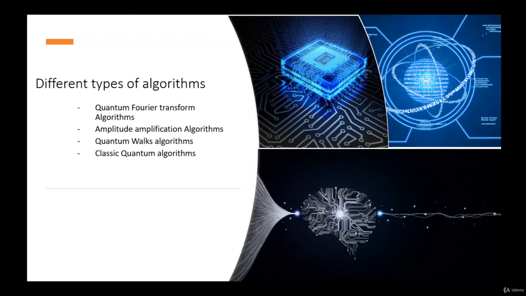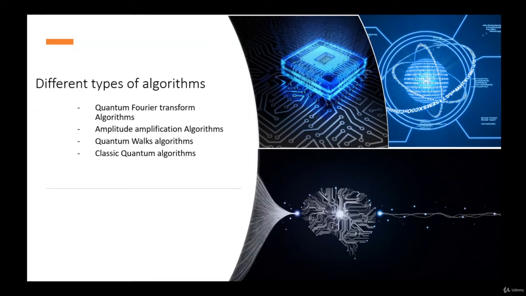A few examples of this type of algorithm are Shor's algorithm and Simon's algorithm, which are the two most popular Fourier transform algorithms. And Shor's algorithm is pretty popular in quantum computing in general.